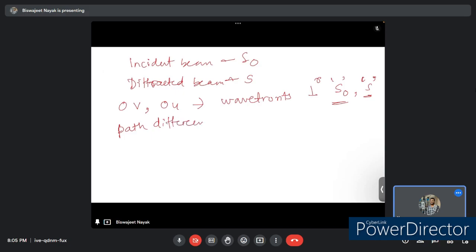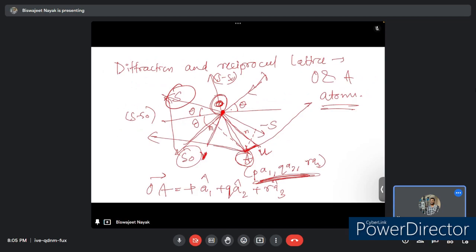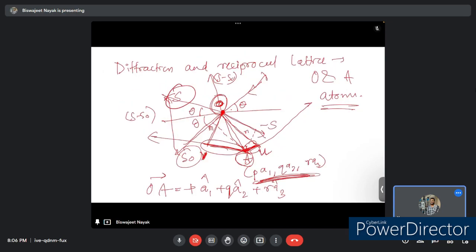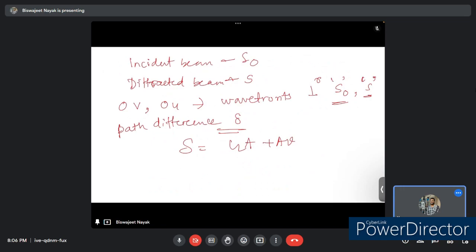Let's say the path difference is given by delta, then the path difference is given by UA plus AV. These are the two paths it is basically traversing.